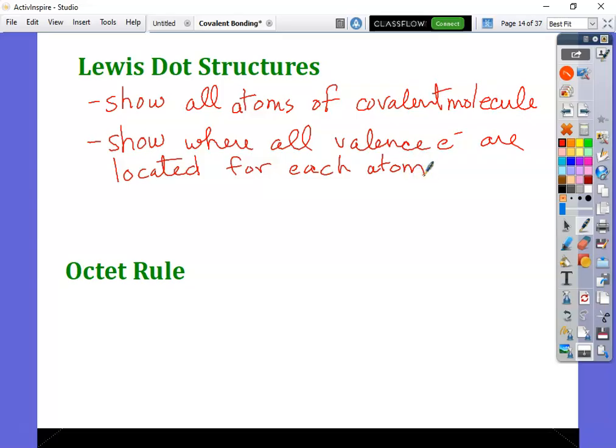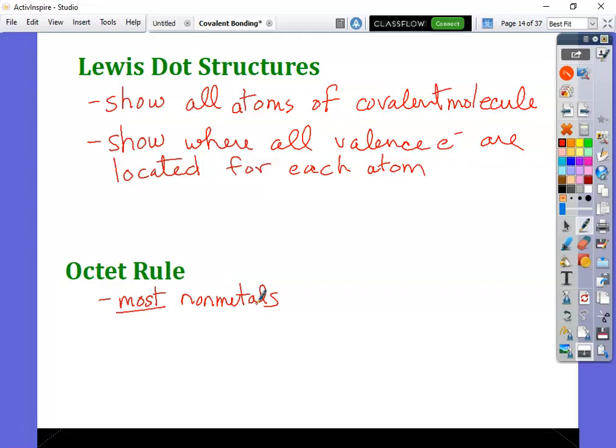Another really important concept that we've talked about is the octet rule. Now our octet rule is really going to become important. We're going to look at it all the time now. The octet rule basically tells us that most nonmetals, and I'm specifically focusing on nonmetals here.